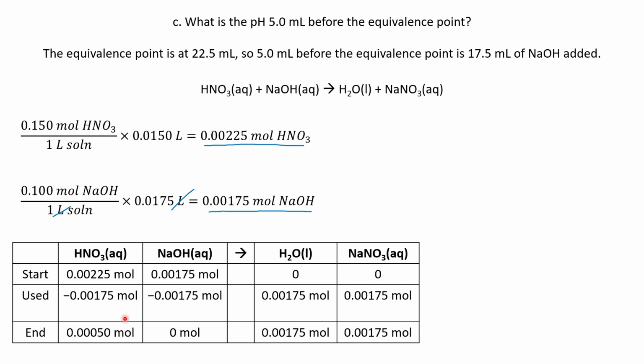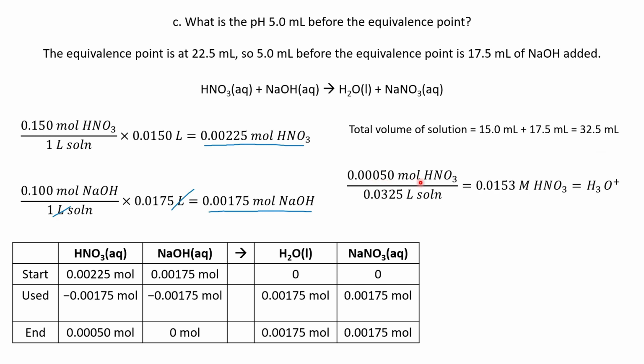To convert moles to concentration, I need to know my total volume of solution. That is going to depend on how much acid I started with. So I started with a 15 milliliter sample of acid and how much sodium hydroxide I've added. So I've added 17.5. That means at this point, my total volume of solution is 32.5 milliliters. Now I can get my concentration.